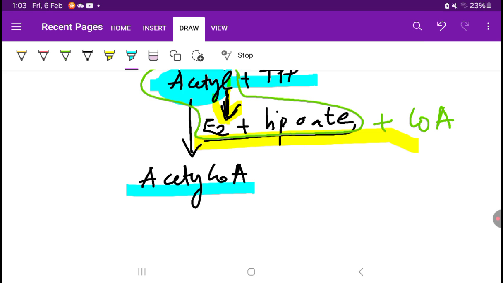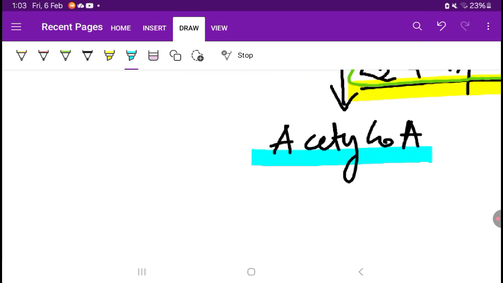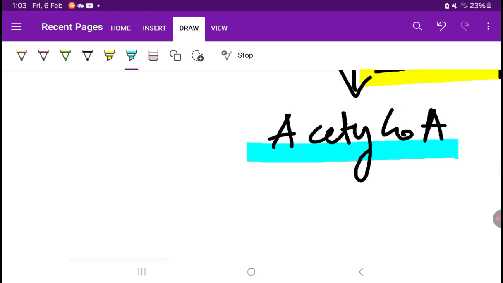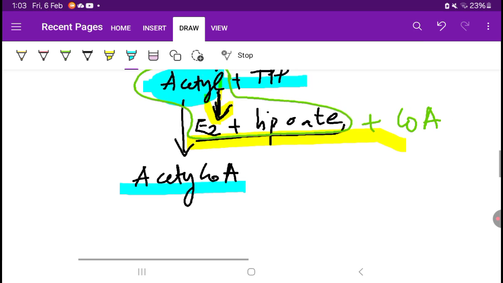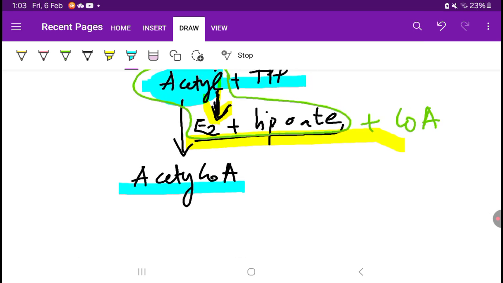So the third step is the regeneration. In the regeneration step, this lipoate, which gets reduced in the previous process, becomes reduced lipoate.